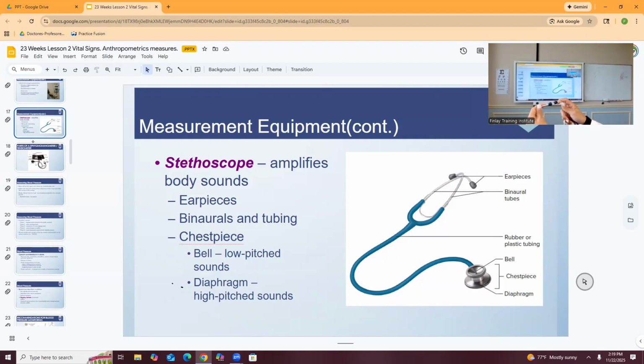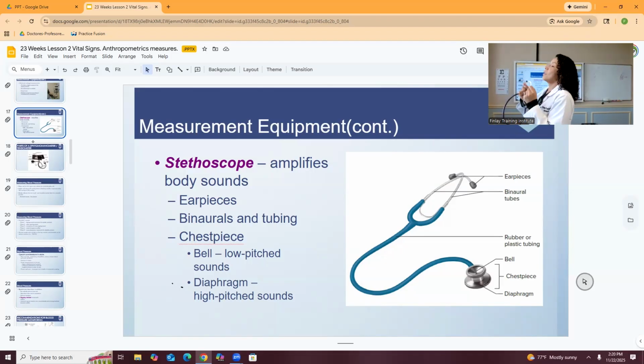When you see the stethoscopes, usually they are like this. Our ear canal is going to the front, on the diagonal. So make sure that you move your earpieces to the front to look like this. You see, to the front.